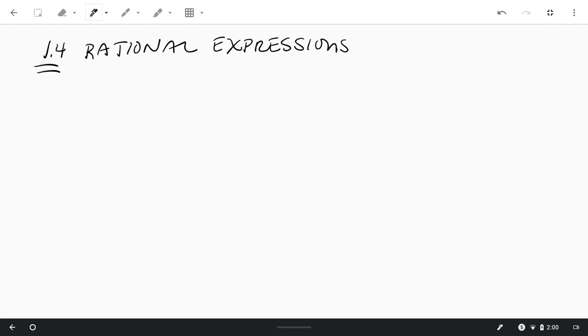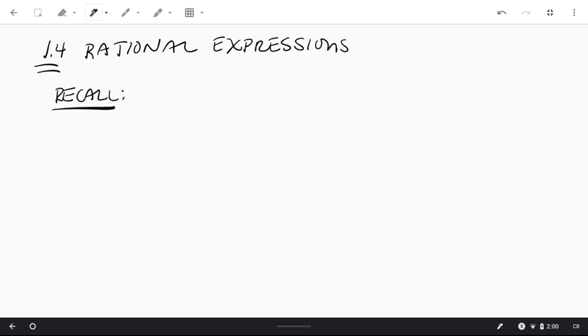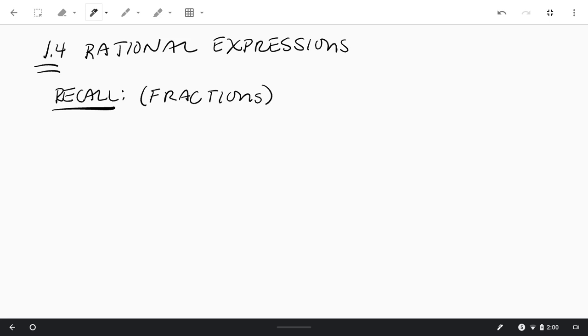Okay, so before we get into rational expressions, let's just recall regular numerical fractions. All right, so let's take a look at simplifying.